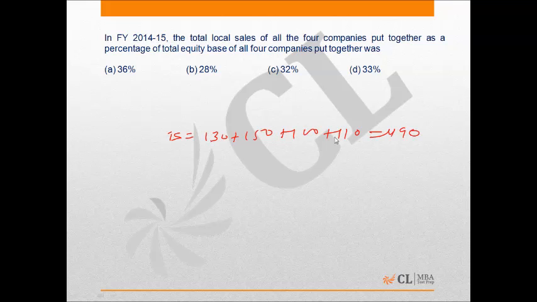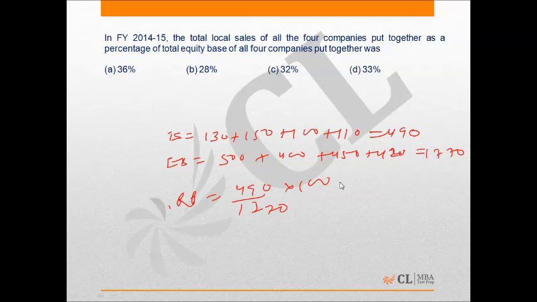This is equal to 490, and equity base of the 4 companies put together is 500 plus 400 plus 450 plus 420. It comes out to be 1770. Therefore required percentage will be 490 upon 1770 into 100. This is approximately 28%, which is option B.